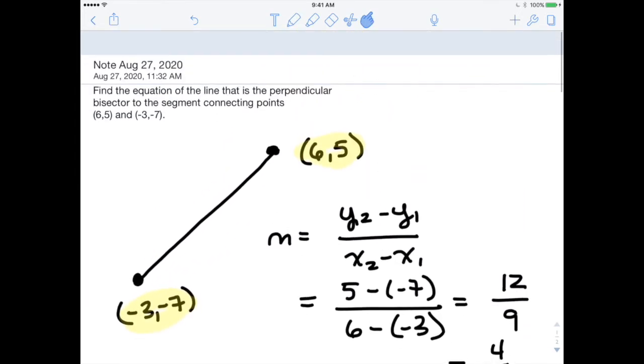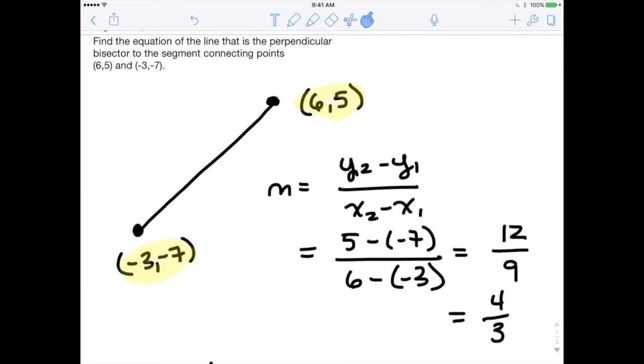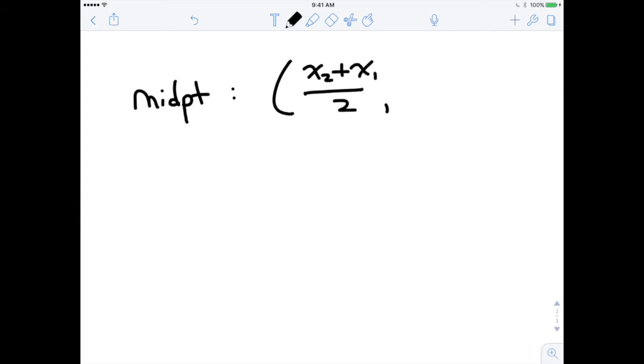Fortunately for us, we know that this passes through the midpoint of this segment. We already know the formula for midpoint. The midpoint of a segment is given by (x2 plus x1 over 2, y2 plus y1 over 2).